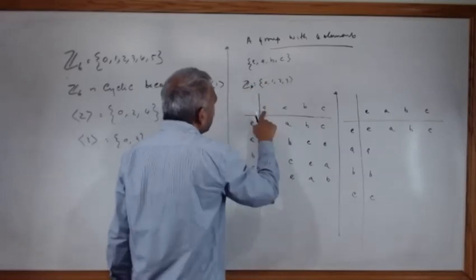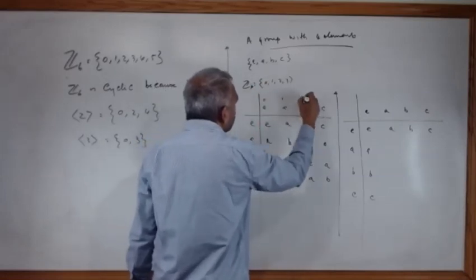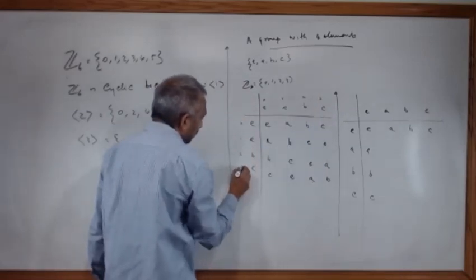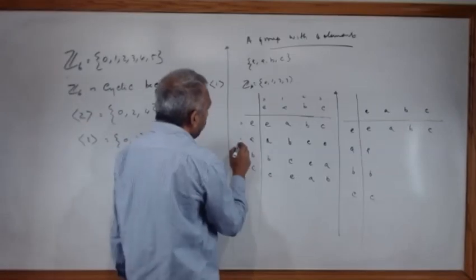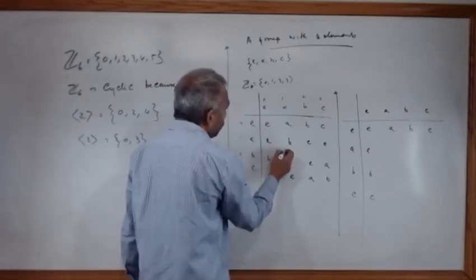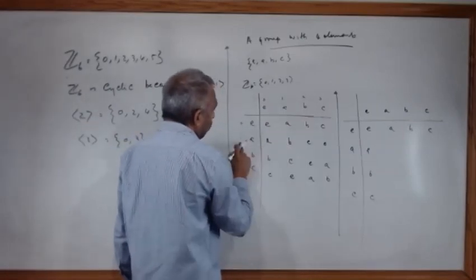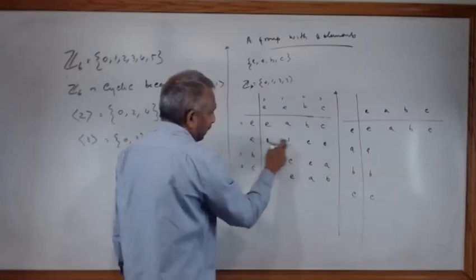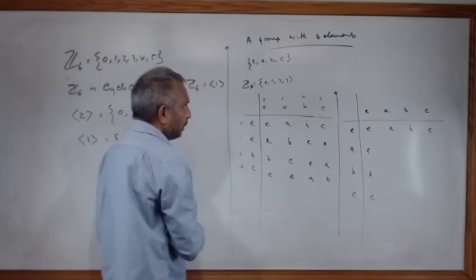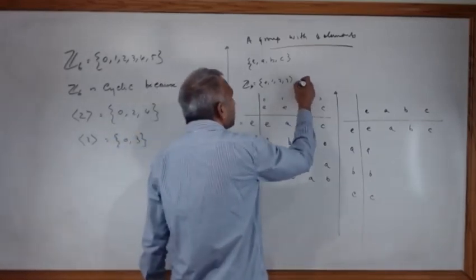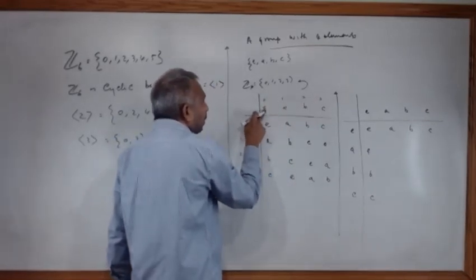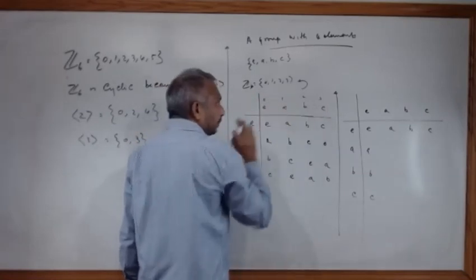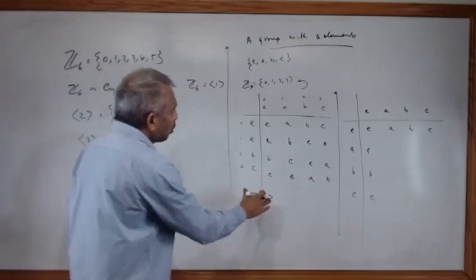This is 0, this is 1, this is 2, and this is 3. So 1 plus 1 is 2, and that is B. 1 plus 2 is 3, and that is C. So that is how it is filled up here. So this is actually the same as this. The only thing is we are calling 0 as E, 1 as A, 2 as B, and 3 as C. So these two groups are exactly the same.